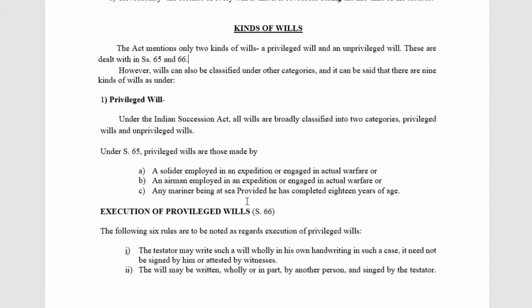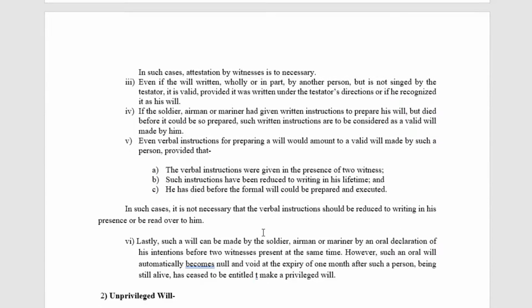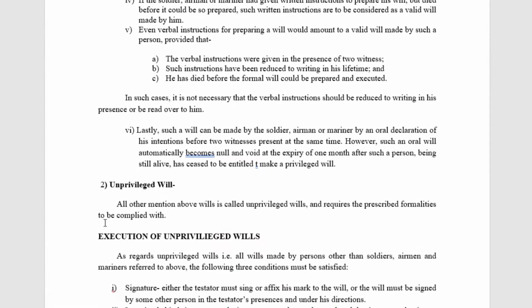For the unprivileged will also, there are certain basic rules. With regard to the privileged will, we have seen what is meant by it and who can make it. Let us see who can make the unprivileged will. Which category of persons can make the unprivileged will?